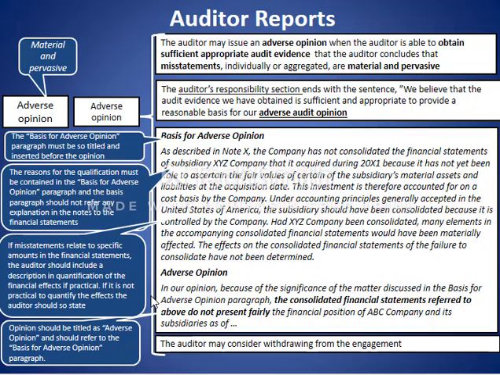It goes on to say, "In our opinion, because of the significance of the matter discussed in the basis for adverse opinion paragraph, the consolidated financial statements referred to above do not present fairly the financial position of ABC Company and its subsidiaries as of," and then we go such and such. Again, the audit standards also allow the auditor to consider withdrawing from the engagement if the auditor considers that to be an appropriate reaction.